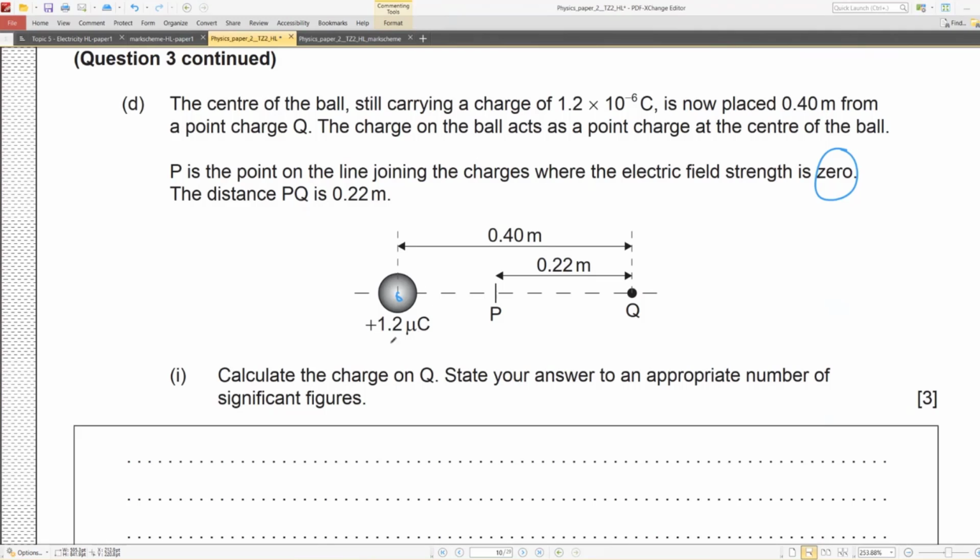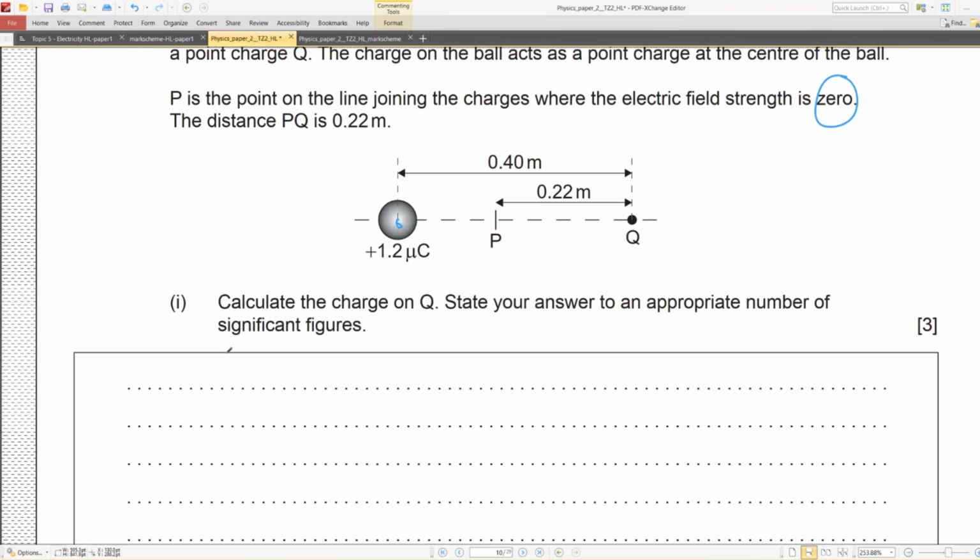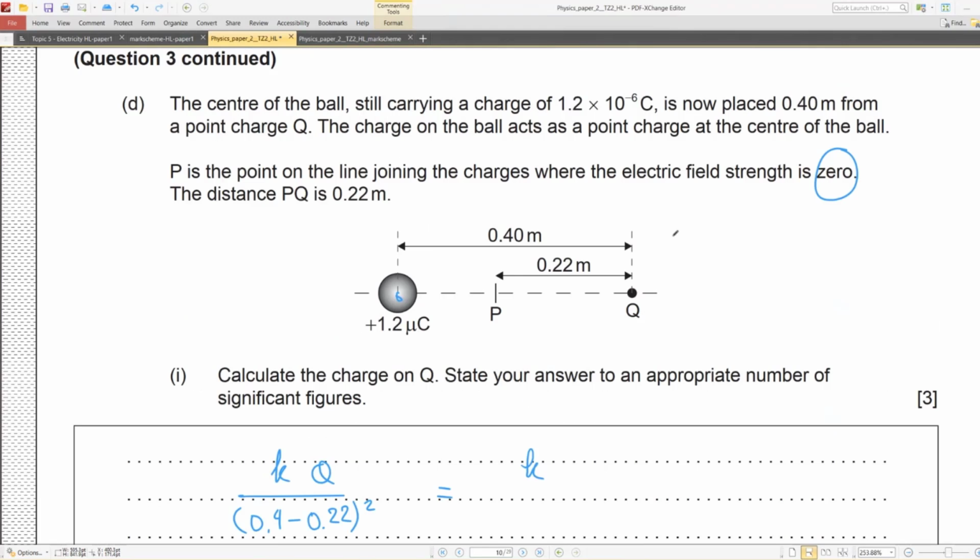For the field to be 0, we've done this like 2 months ago. The field caused by this sphere, Q times K over the distance, which is (0.4 minus 0.22) squared, must be equal to K times the other charge at point Q here.